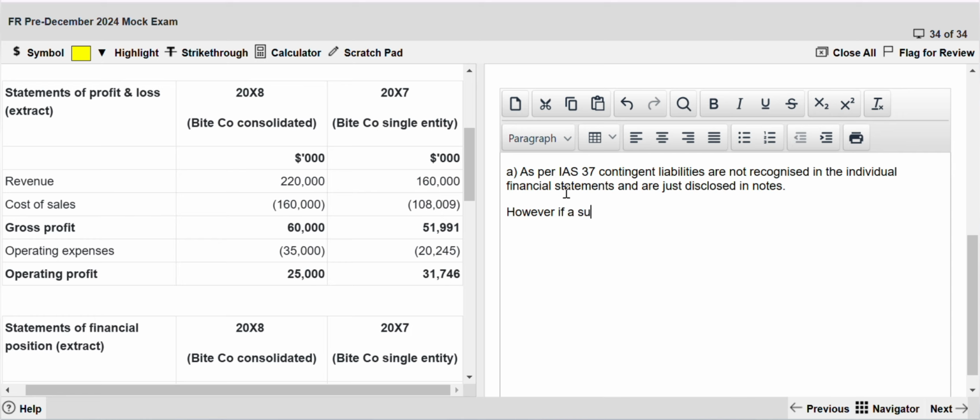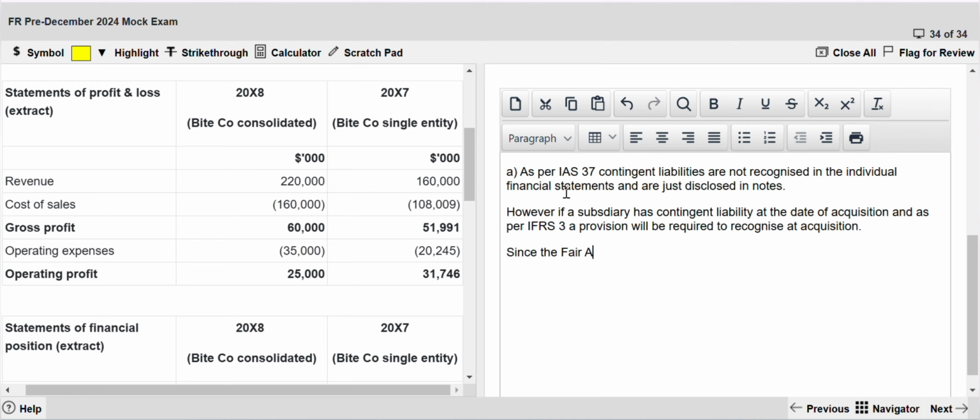However, if a subsidiary has a contingent liability at the date of acquisition, as per IFRS 3, a provision will be required to be recognized at acquisition.